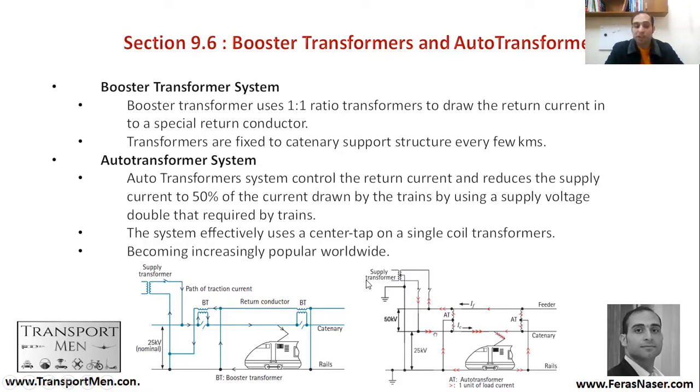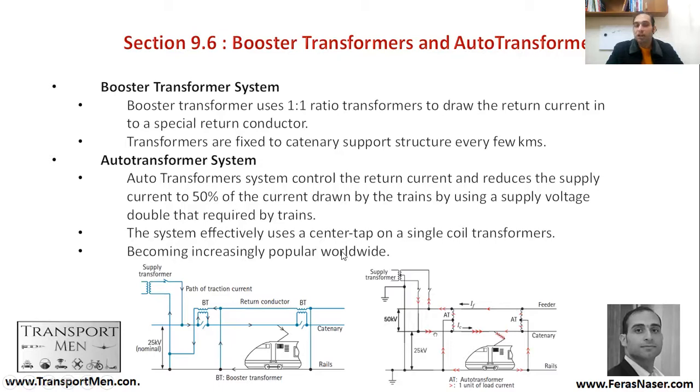In the case of the auto transformer, while it looks very much similar, you have your supply current coming, then it feeds the train, and now it goes to the auto transformer. The auto transformer controls the return current and reduces the supply current to 50%.